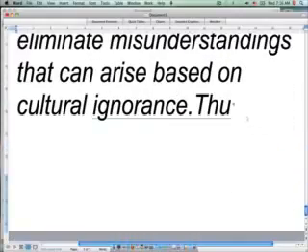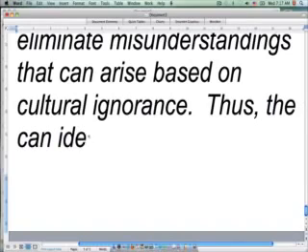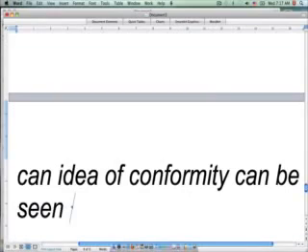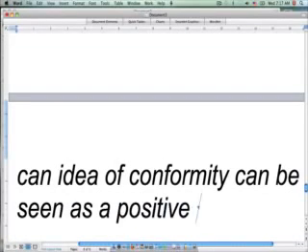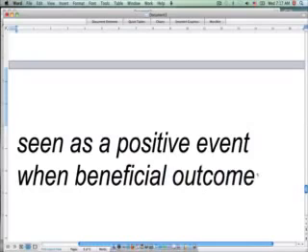Okay, so thus, conformity can be seen as a positive event when beneficial outcomes occur.